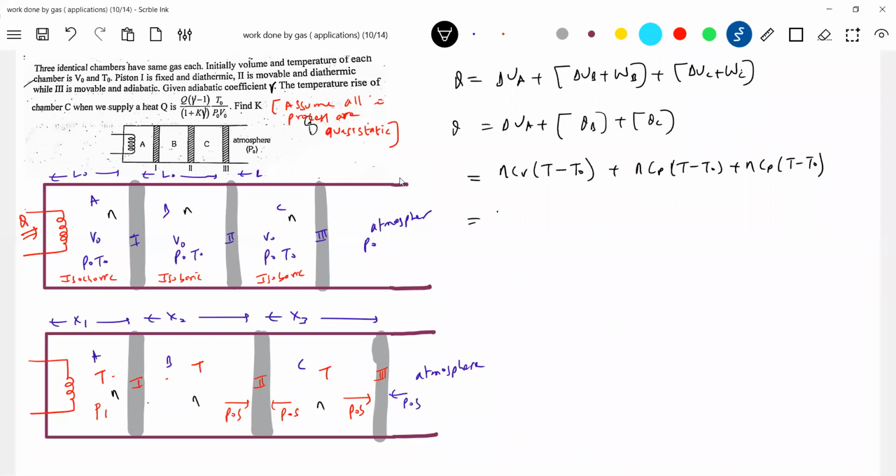Solve for this. So number of moles is P naught V naught by R T naught, times R by gamma minus 1, T minus T naught. CP, what shall I write? R gamma by gamma minus 1. Gamma CV, it should be. So therefore, gamma R by gamma minus 1, T minus T naught.